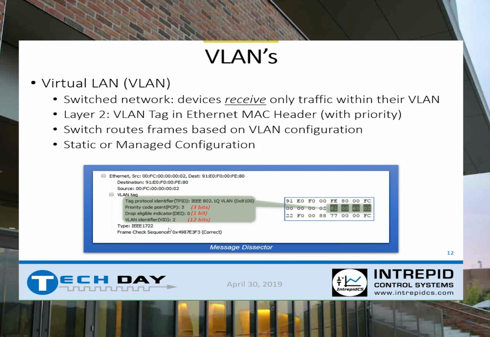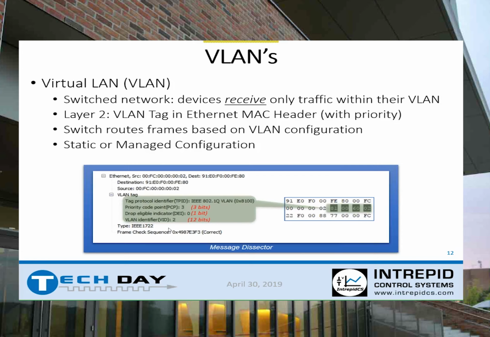It defines a VLAN, an arbitrary number that defines which VLAN that is. It also has some priority information that the switches can use to determine what priority queue for the frame to egress. So the switch will route frames based on VLAN configurations or restrict routing based on VLAN configurations.